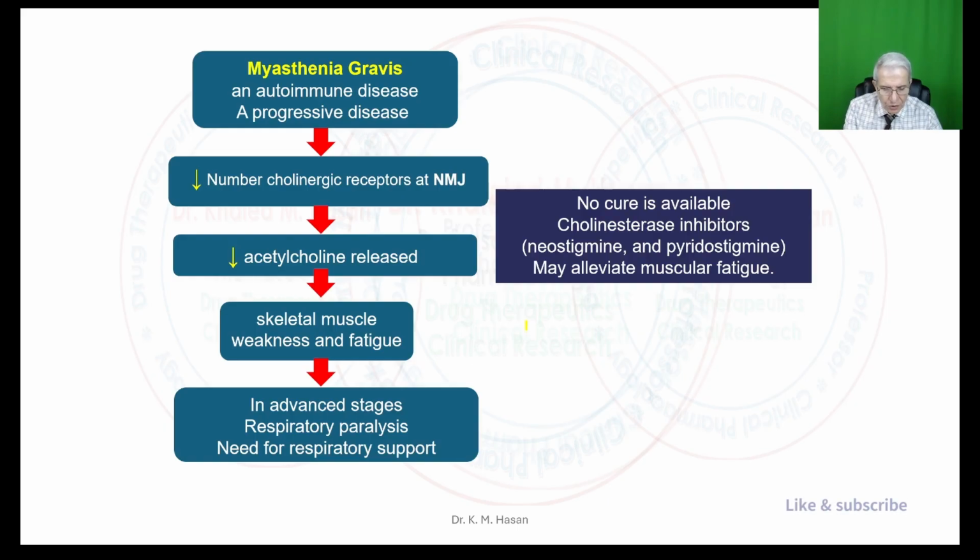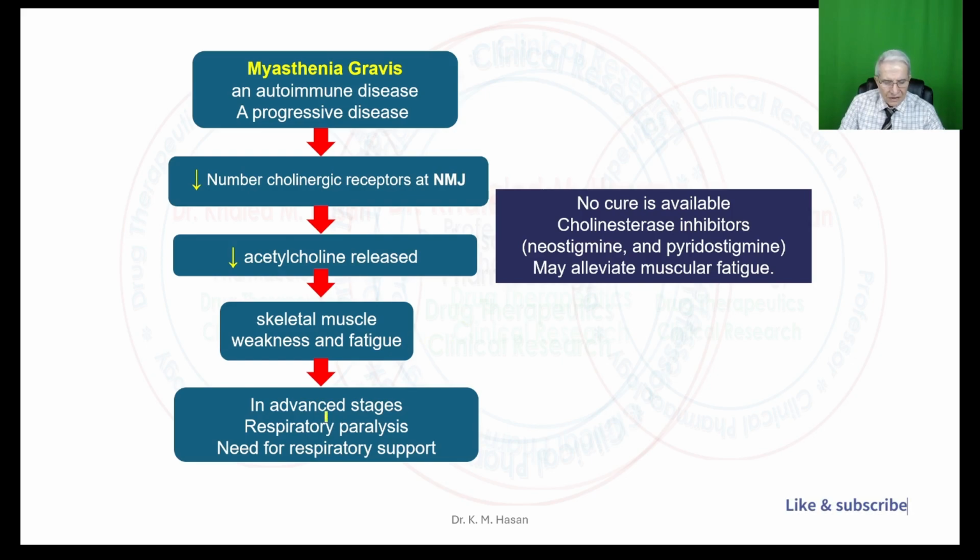Quick review about the medical case, myasthenia gravis. As you can see here, myasthenia gravis is considered an autoimmune disease, a progressive disease associated with a decreased number of cholinergic receptors at the neuromuscular junction. This will lead to decreased effect of acetylcholine, and the patient suffers from skeletal muscle weakness and fatigue.